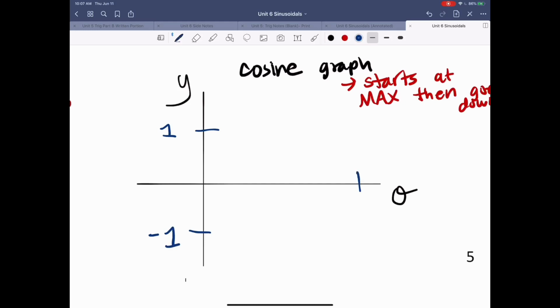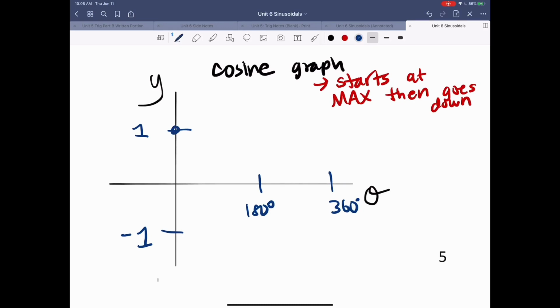It ends its period at 360 degrees. This is the halfway point. So unlike the sine graph, it starts at max, which is right here, and then it's going to return to its original max position. The way it looks is that the cosine graph is one big wave. It's going to hit the minimum value at 180 degrees.